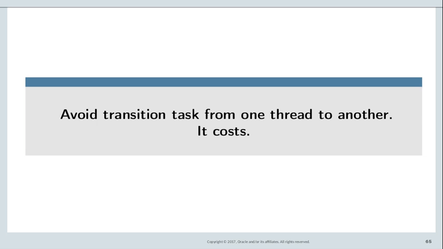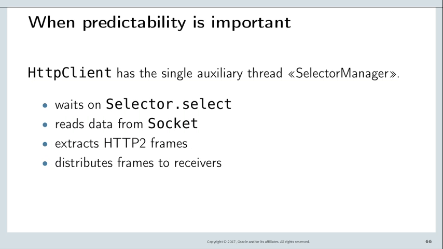And again, why is it better performance? Because we are avoiding transition of task from one thread to another. It costs. And I definitely want to say when predictability is important. Where performance is important, it's another question. But sometimes predictability is quite important.